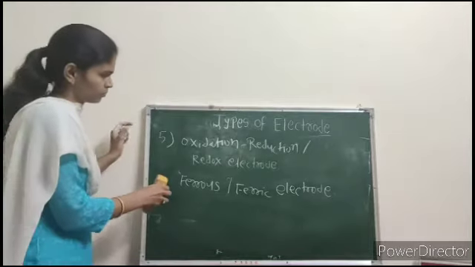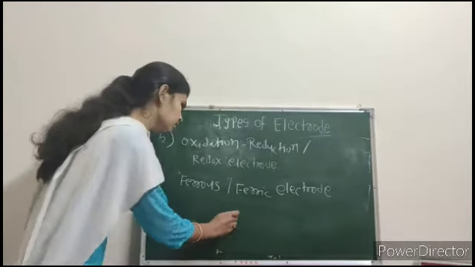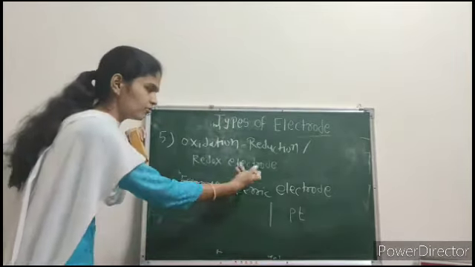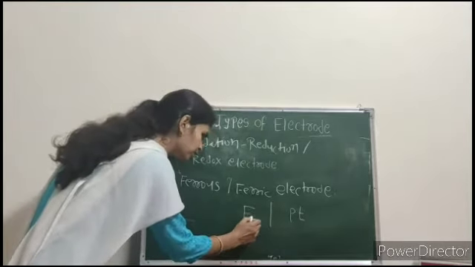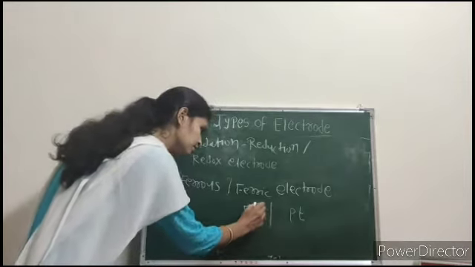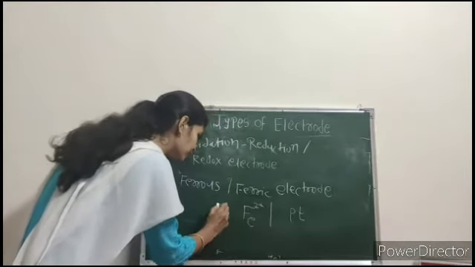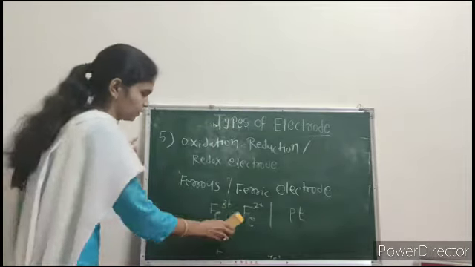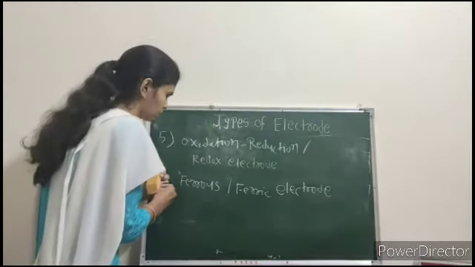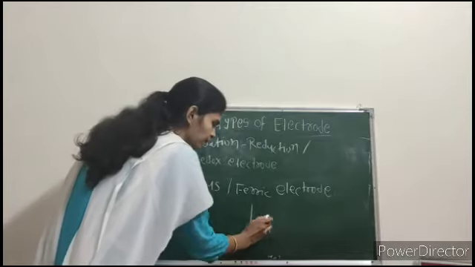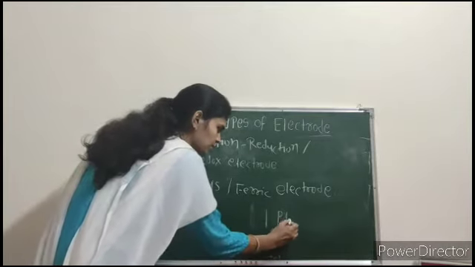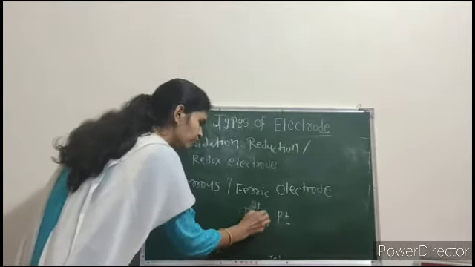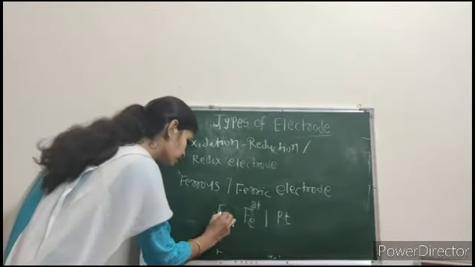For this type of electrode, a platinum electrode is dipped in a solution containing ferrous and ferric ions, Fe2 plus and Fe3 plus.